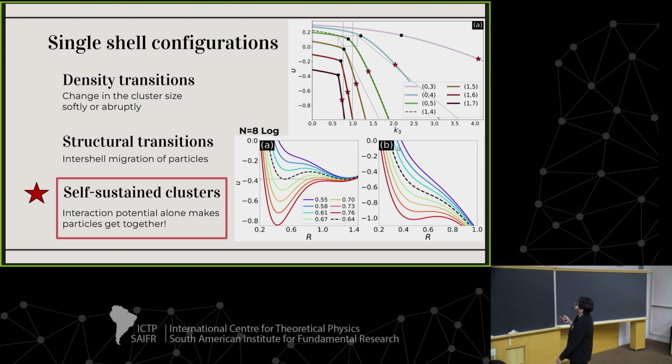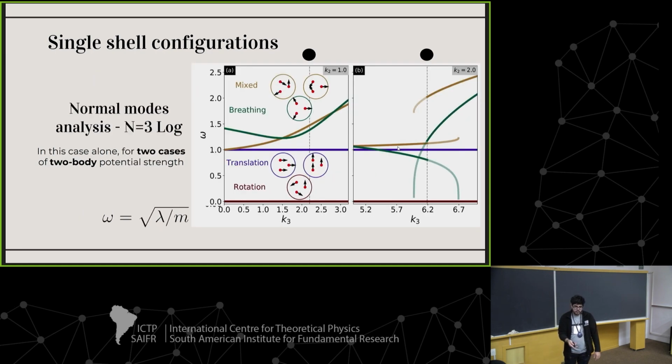So the density transition, which I was talking about, is the jump of the system from this minimum to this minimum, so we observe this abrupt compaction of the cluster. In the normal mode analysis, we have some hints on what happens, because there is a softening of the breathing mode approaching the transition line.